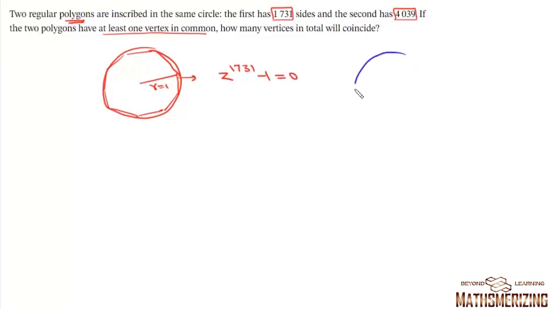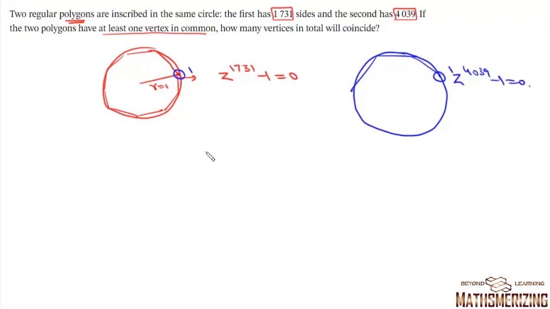Now for this second polygon, the vertices are given by roots of the equation z to the power 4039 minus 1 equals 0, and they have at least one vertex in common. So this common vertex is 1. Now we need to find how many vertices in total will coincide.